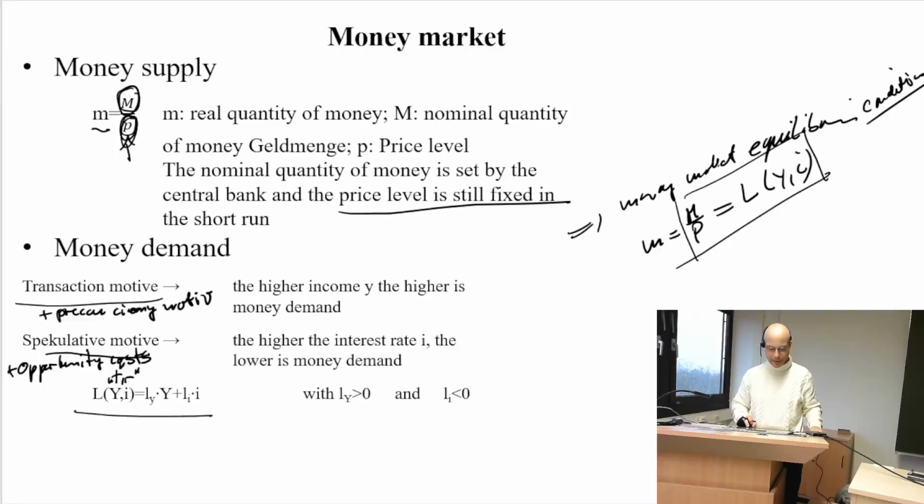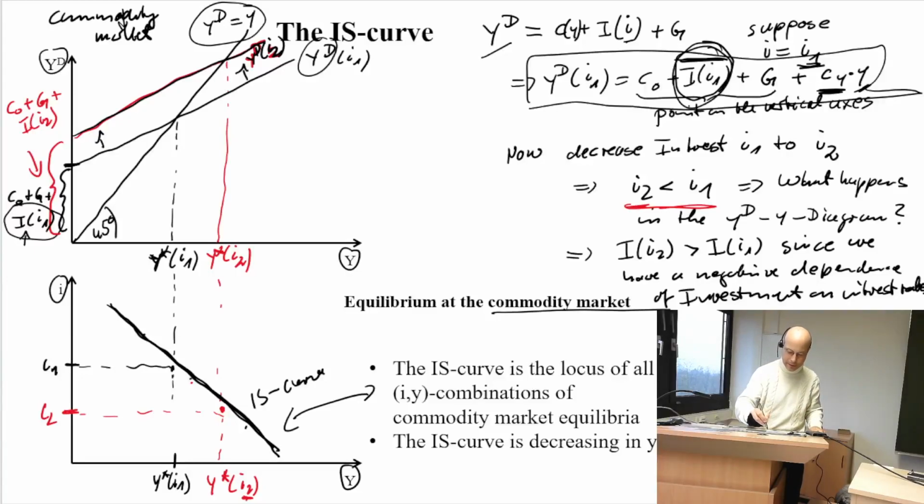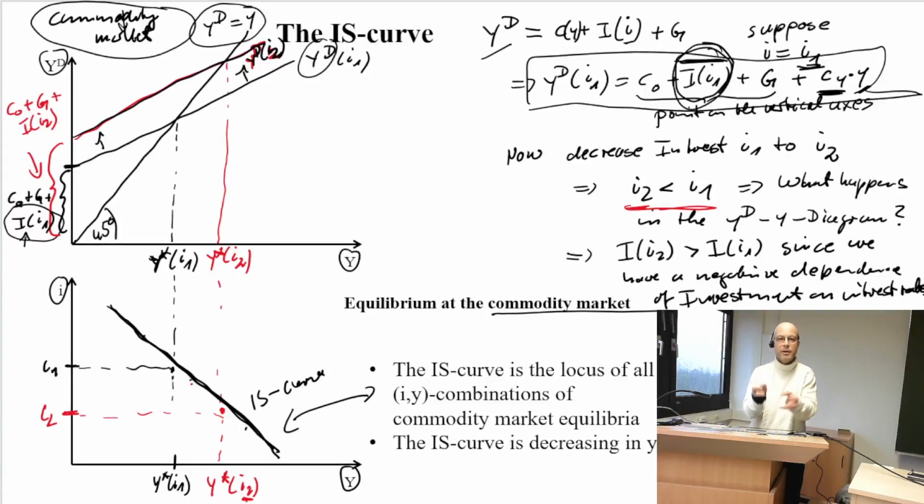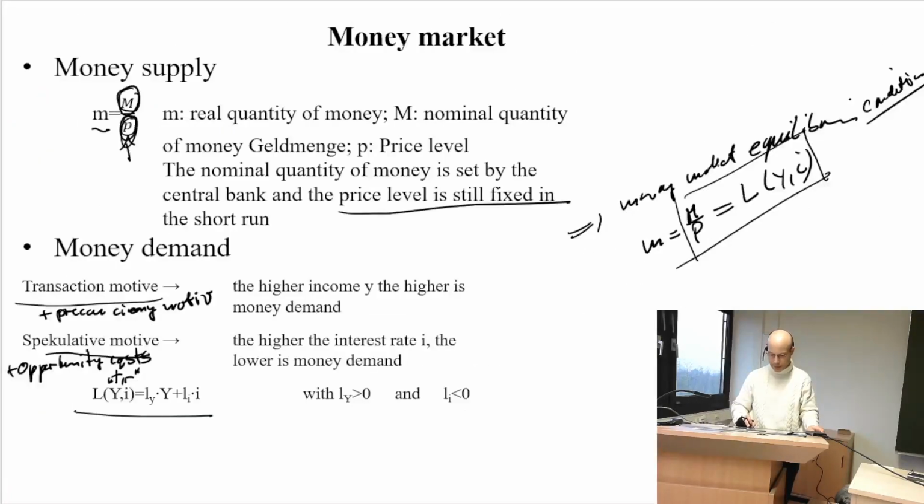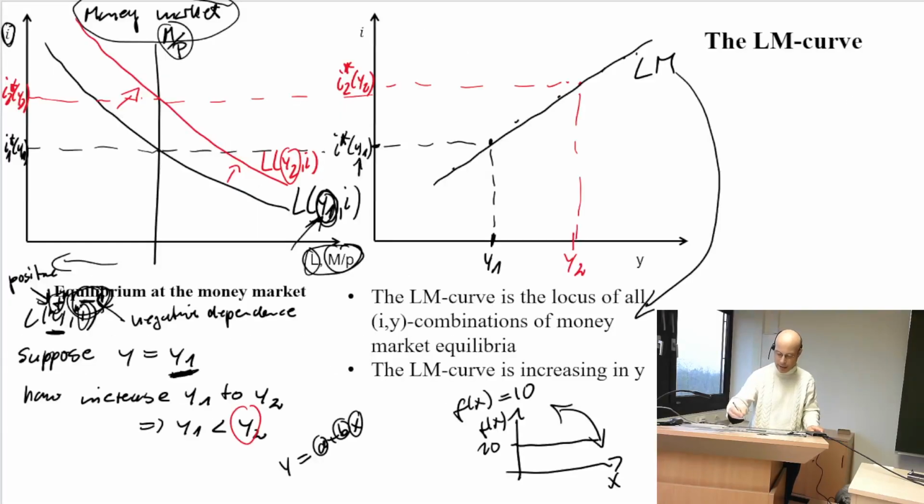Here we come from the commodity market. We want to deduce all possible interest rate income combinations where the commodity market is in equilibrium. And the LM curve shows us all possible interest rate income combinations where the money market is in equilibrium.